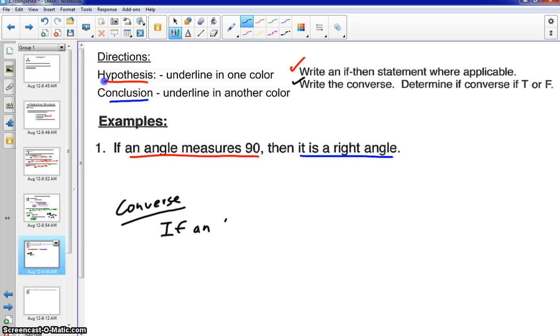So if an angle is a right angle, then it measures 90 degrees. Is that true or false? That would be true. Again, this is a definition, and definitions are always reversible.